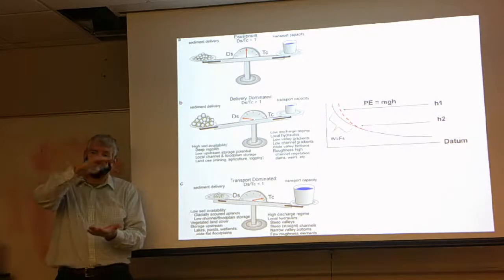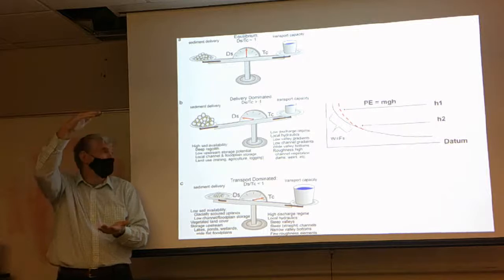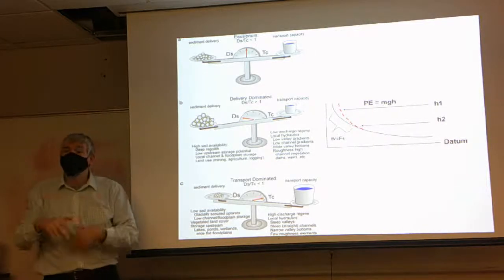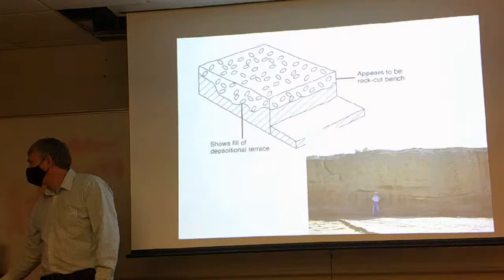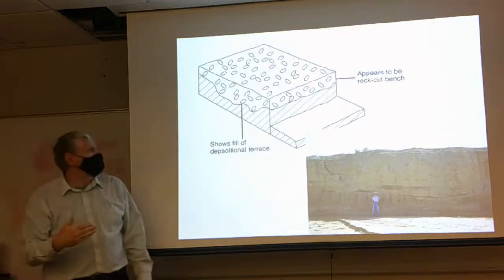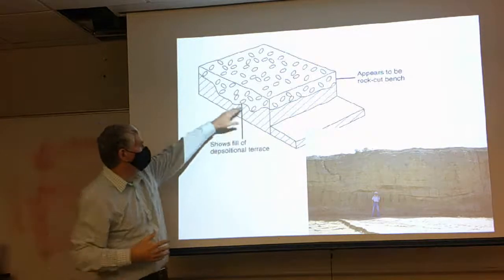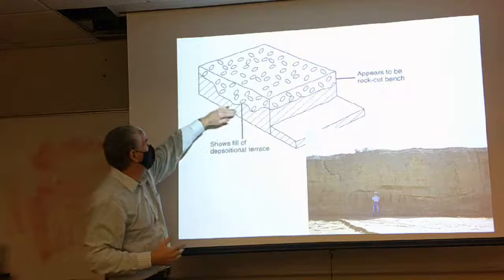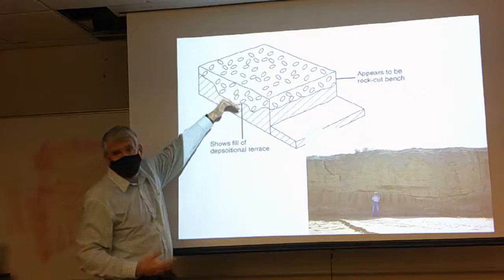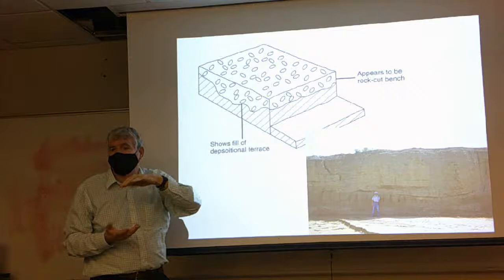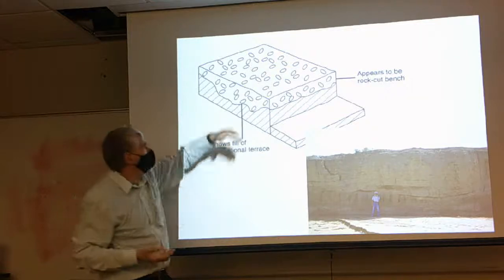So we've had one threshold crossing event to get the materials up there. And then we have a second threshold crossing event, which causes channel incision. So this is what the block diagram is showing. We've had a threshold crossing event where sediment delivery exceeds transport capacity.